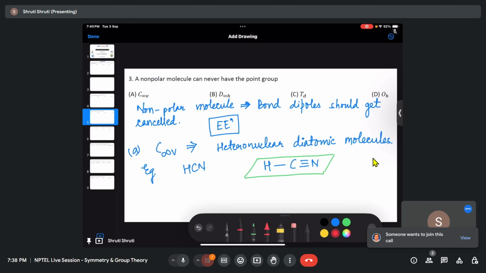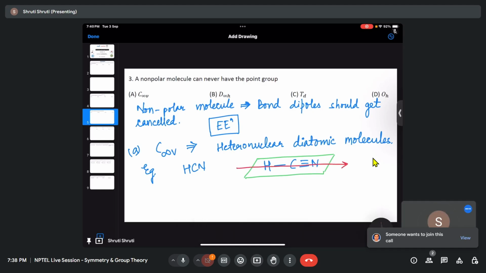Then you will have a C infinity axis passing through it. Because these atoms are considered spherical, when you rotate by any angle, you will get the same configuration. The atoms will not change place. So we have C infinity, and also infinite sigma V planes.